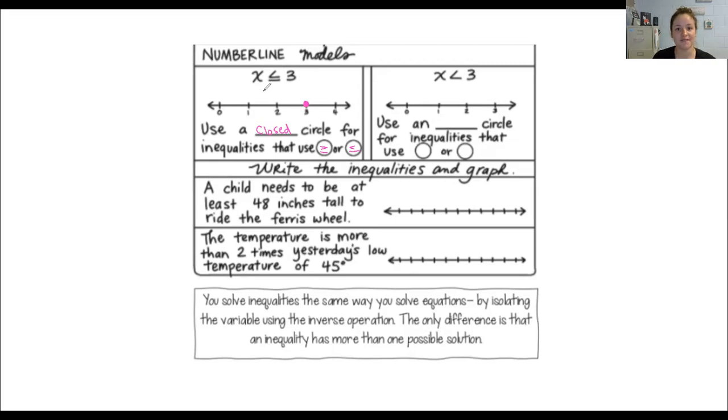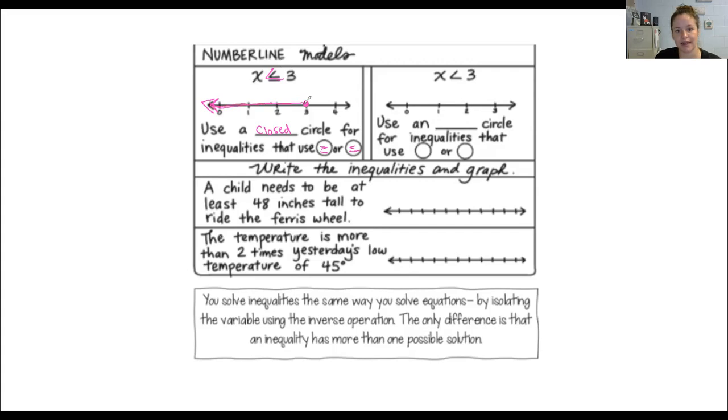If your variable is not first, you're going to have to rewrite your inequality so that the variable comes first. Okay, so this variable is to the left, which is where we want it, and the inequality is also pointing to the left. So that is going to be the same thing as that arrow. If you outline those arrows, you can see which symbol matches. Since that one matches this way, we're going to shade to the left.